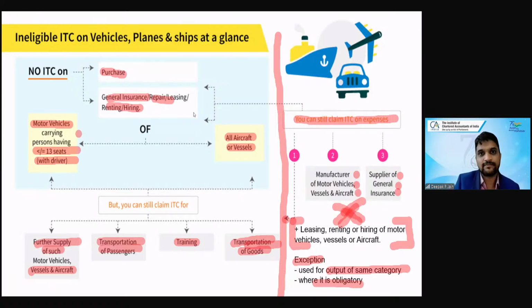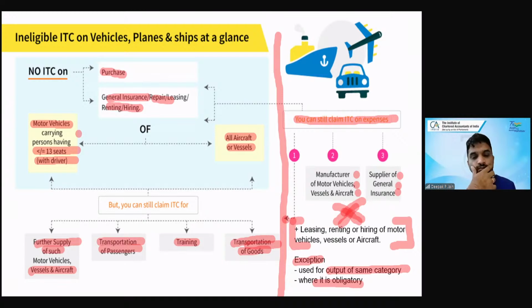Yes, I want to ask one example, sir. Say for example, there is a GTA and he provides the services of transportation of goods to location A. So, sir, he gives the invoice to the person and he collects the tax from him in FCM at 12%.